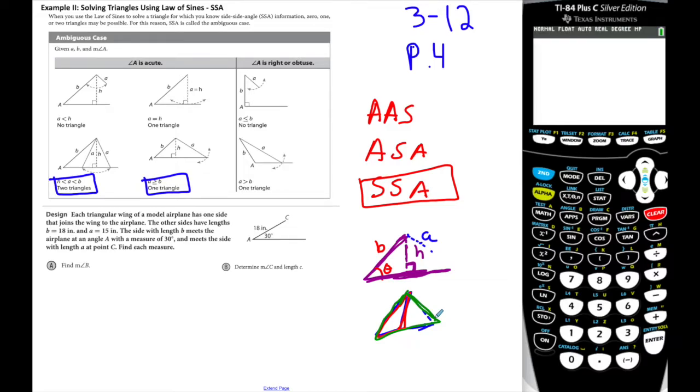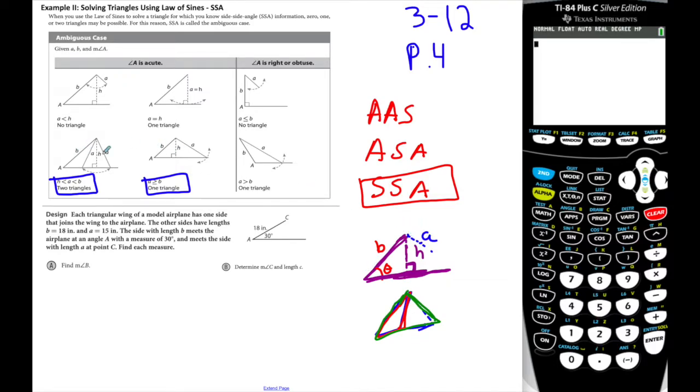On the other hand, if A was actually more than B, what we know is that there's really only one option. It's going to have to touch C, and it can only touch C in at most one place. And if you think about it, if A was more than B, there wouldn't really be a way for it to snap back like this.